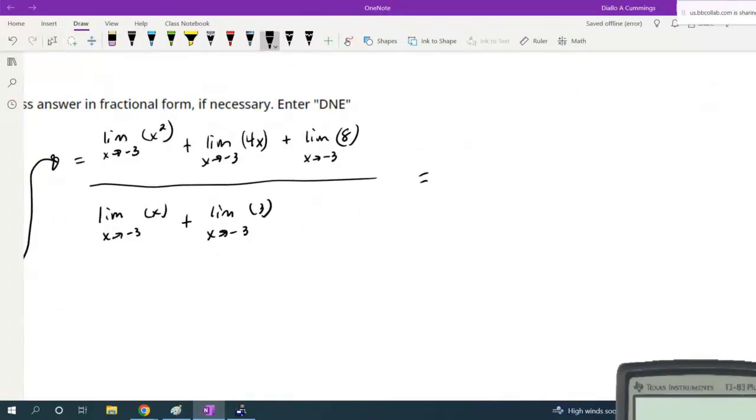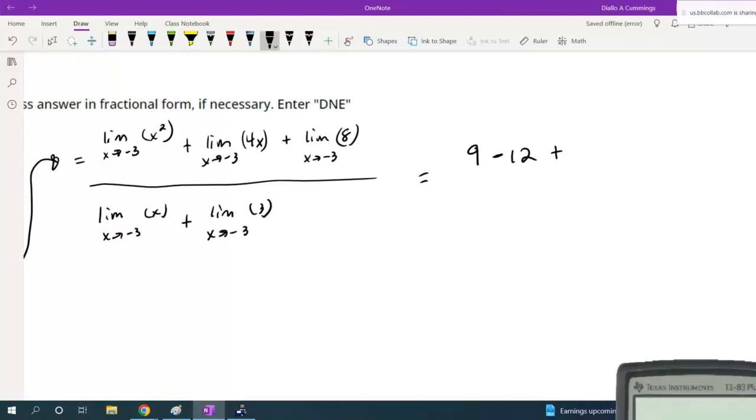So now we're going to substitute. For this first term in the numerator, I'm going to substitute -3 for x. So -3 squared is 9. Plus, I'm going to substitute -3 for x in that second term. 4 times -3 is -12.